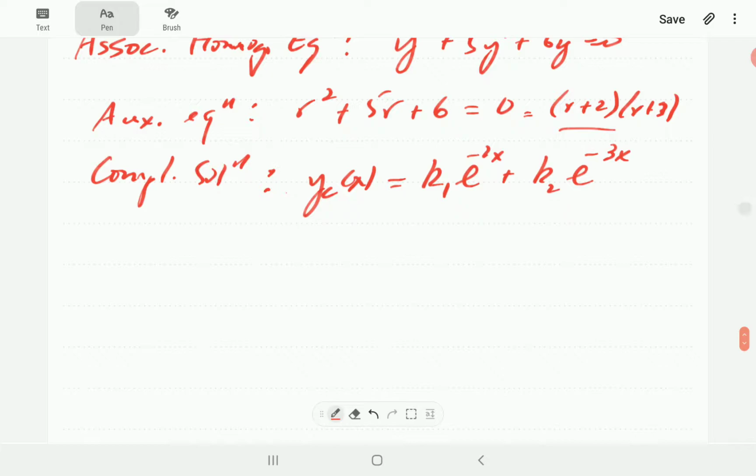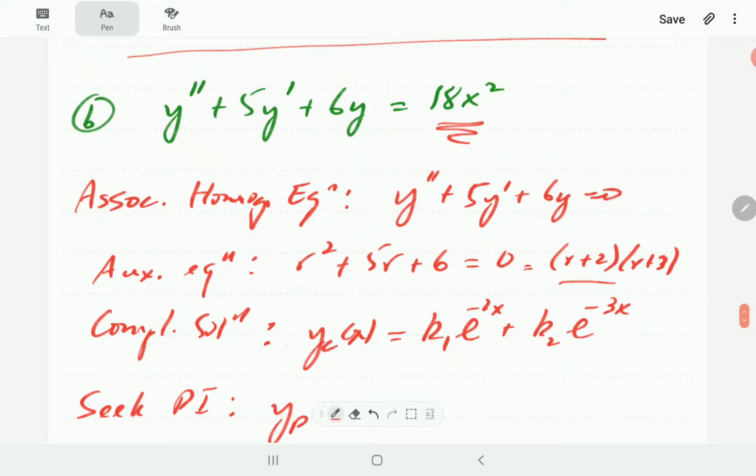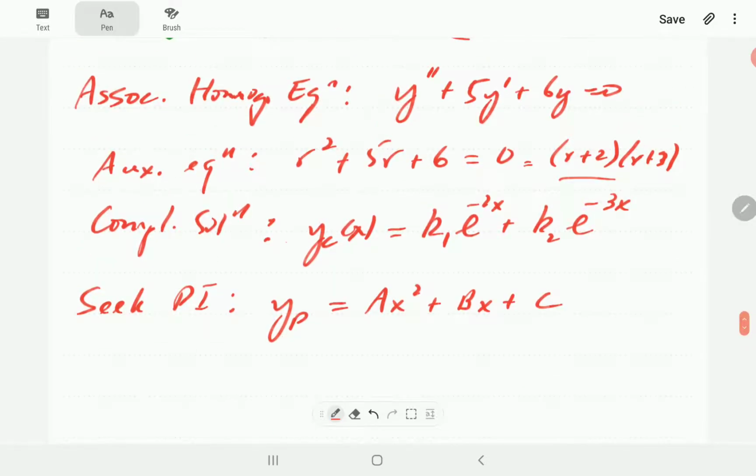Then for the particular integral, we are going to seek a particular integral yp. We have a quadratic on the right hand side, so we're going to look for a quadratic of the form ax squared plus bx plus c. So we need to substitute this into the ODE.